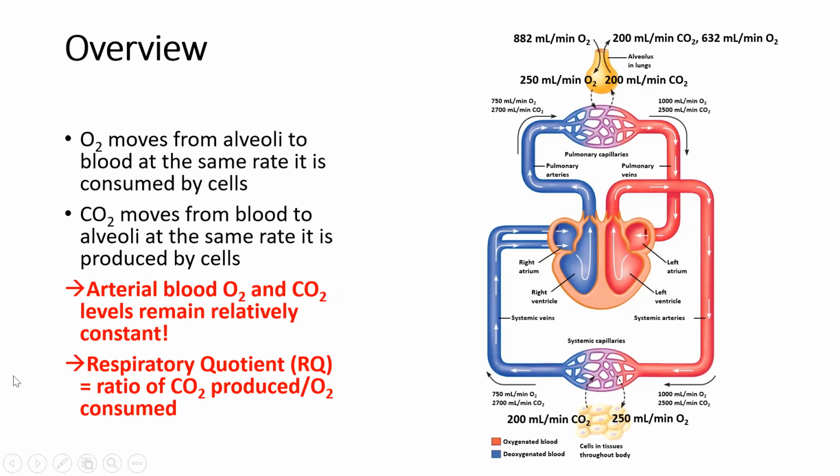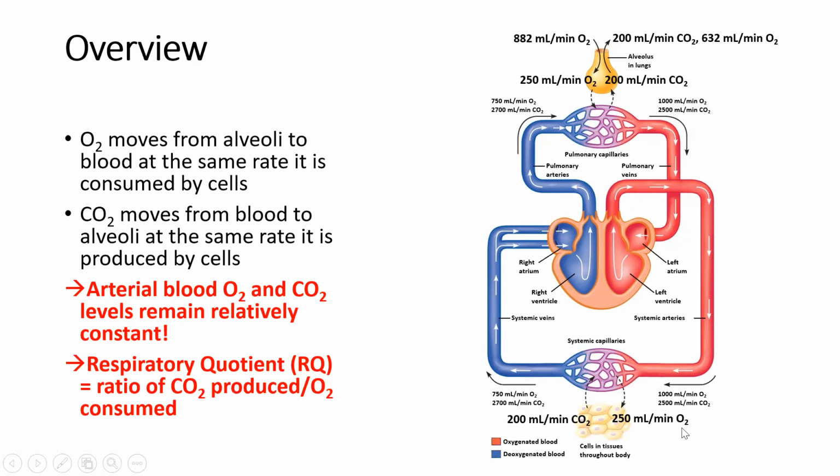The second thing we want to introduce here is what's called the respiratory quotient. This is the rate of CO2 production per oxygen consumption. It tells the story of how well CO2 production matches oxygen consumption. We calculate it by dividing our CO2 rate by our oxygen consumption rate.